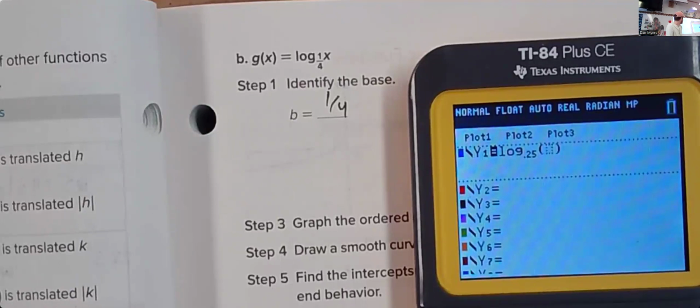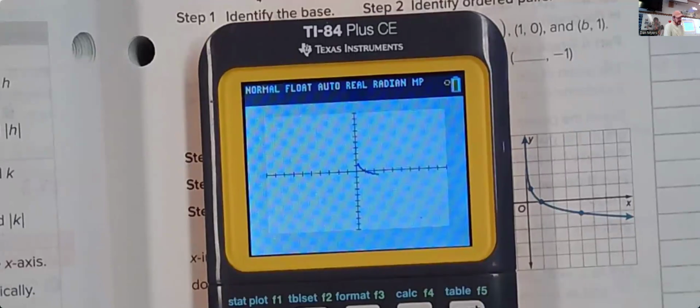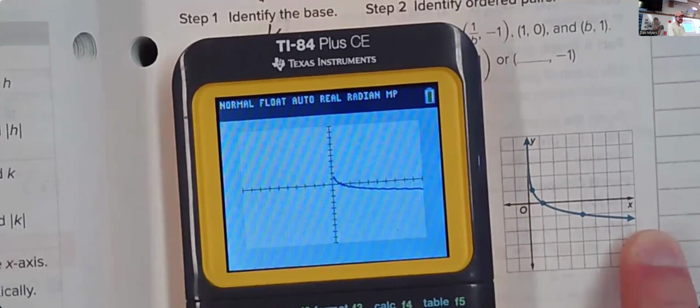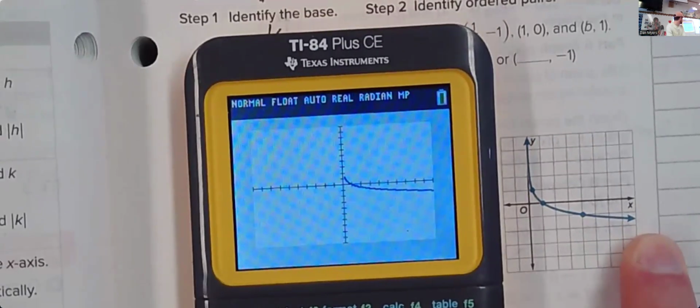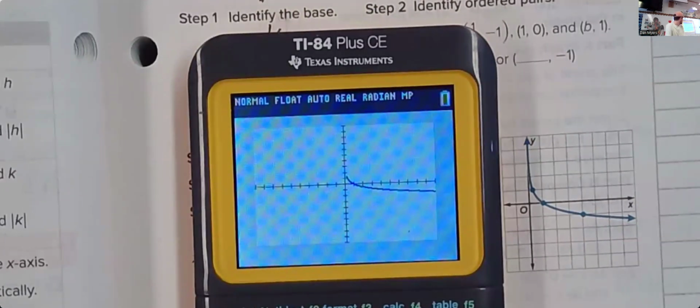So log base 0.25 of x. And then we can look at the graph, and it should look exactly the same as this one right here. So hit graph, and sure enough, it doesn't look precisely the same because the scales of the x and y axes are a little different. Not a big deal though, because it is the same function.